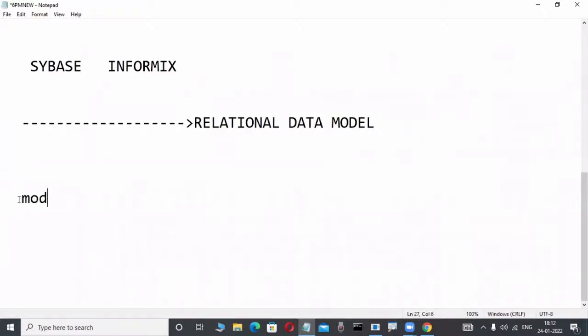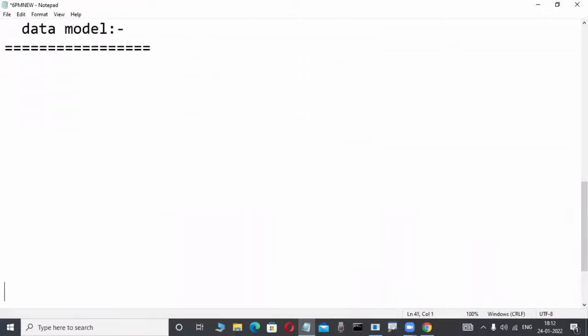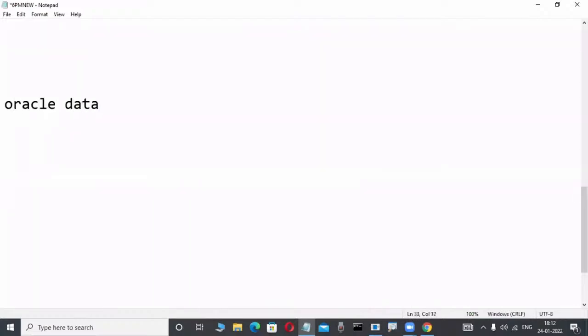Don't write it, just data model. What is data model? Slowly observe here. For anybody attending the previous class, I am telling one thing. Here Oracle is a product. This Oracle database, or any relational database, has two types of structures, as I told in previous classes.